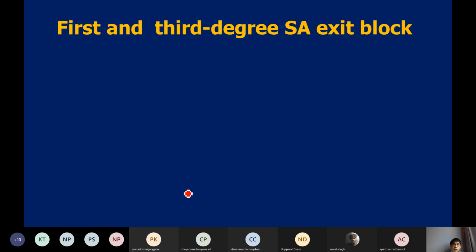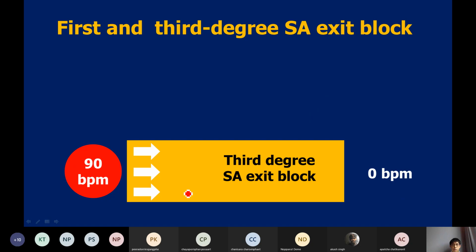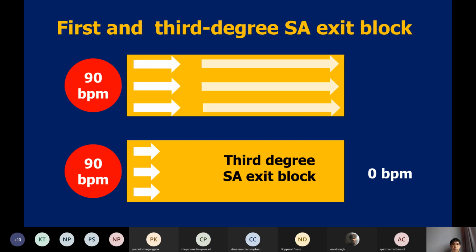So what about first degree and third degree SA exit block? In third degree SA exit block, no impulse is allowed to exit the perinodal area, so you cannot see any P wave in the ECG. This is the third degree SA exit block. And what is the first degree SA exit block?